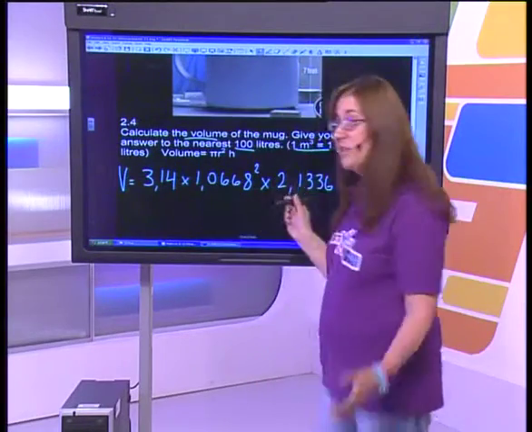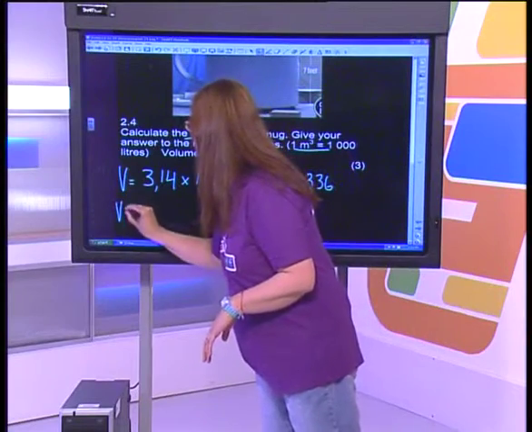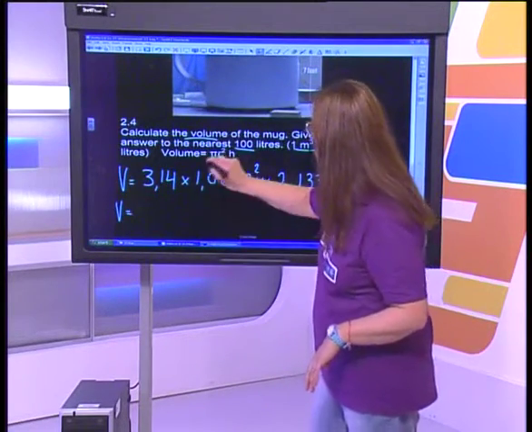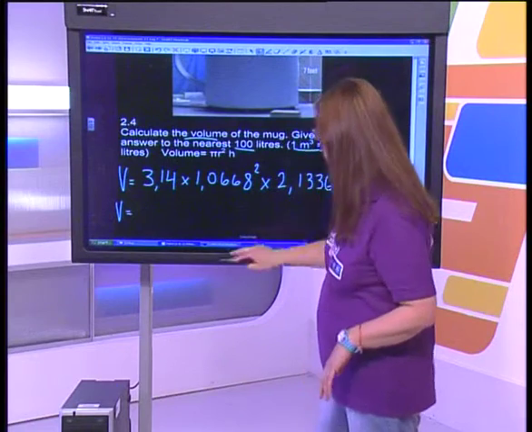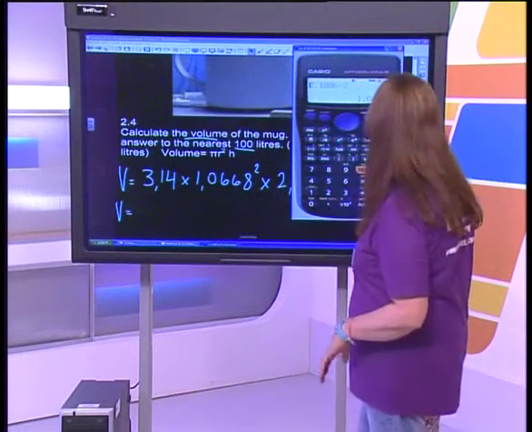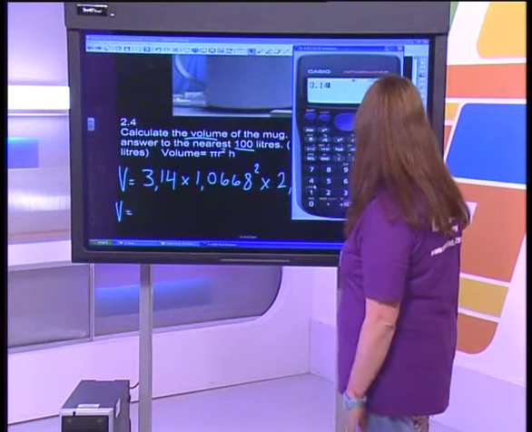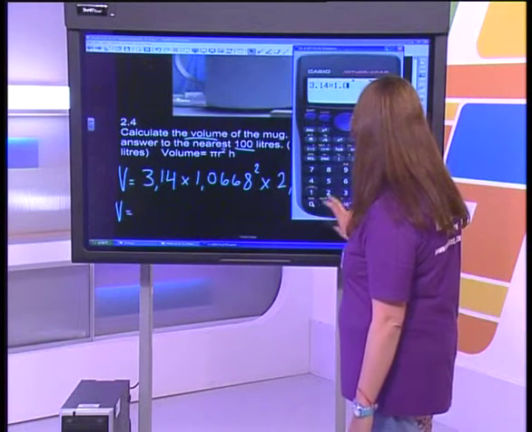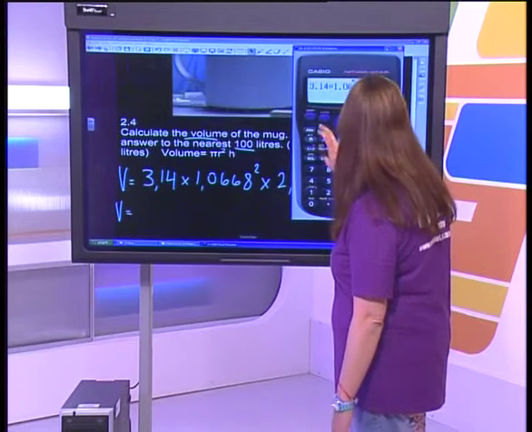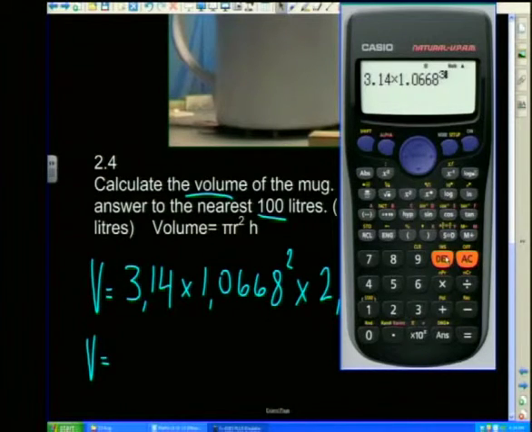Okay, so let's do that calculation first and get our volume. Remember those are meters, so we're going to get our answer in meters cubed. Let's get our calculator out, and we're going to say 3,14 times by 1,0668 squared, and times that by 2,1336.